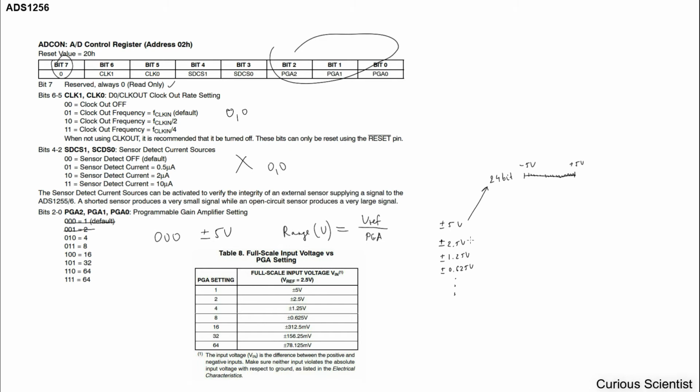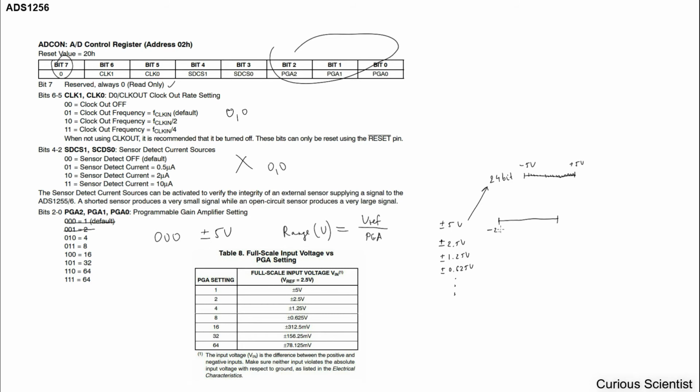But if you have, let's say, 2 volts that you want to measure, it would be nicer to use a higher PGA setting.